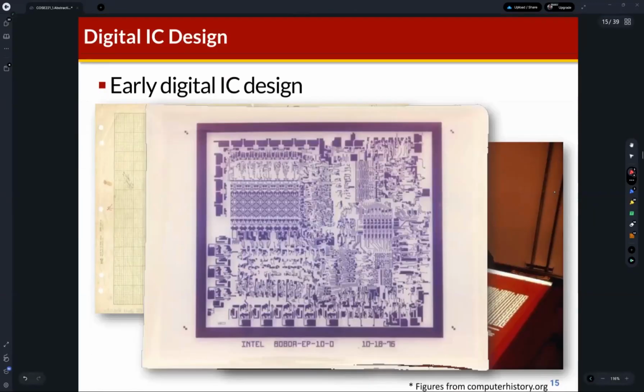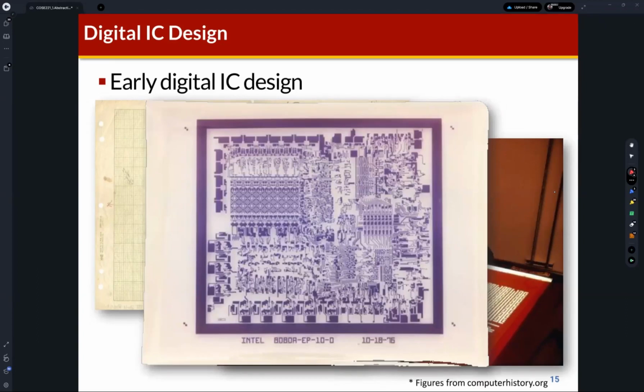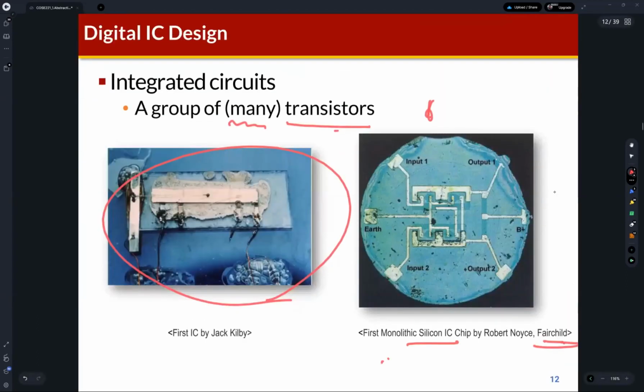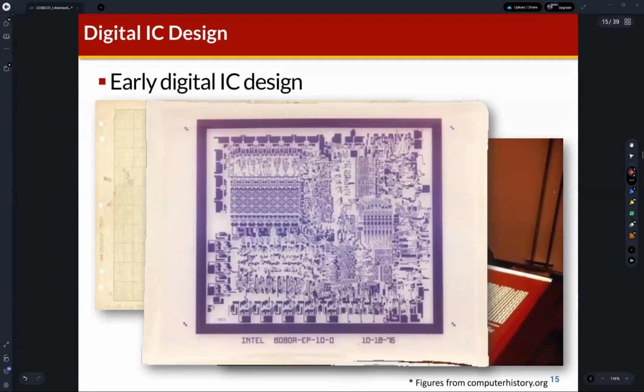Then this is the first Intel 8088 chip. In this photo, you can find many transistors. There are many transistors in this layout. If you compare it with the first transistor, this first IC includes one or two transistors, but this Intel 8080 chip includes many transistors.